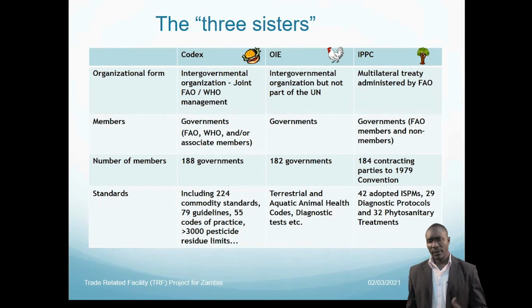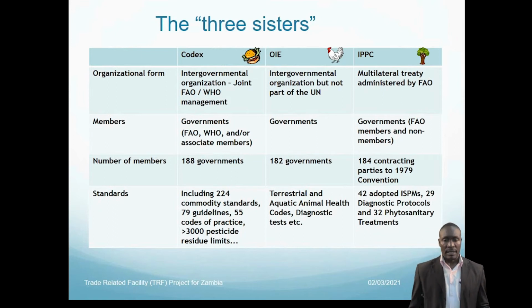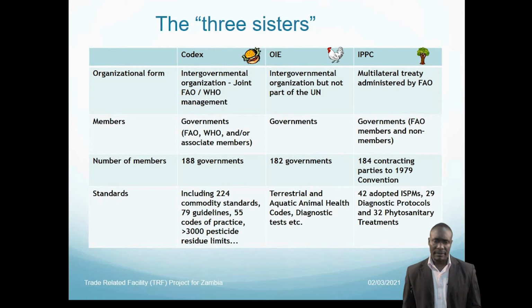Who are the members for Codex? Governments who fall under FAO and WHO mainly. OIE, you have the governments, and then the IPPC, you have governments and also those would also accommodate non-FAO members as full members. Membership is just above 180 for each and every one of them.